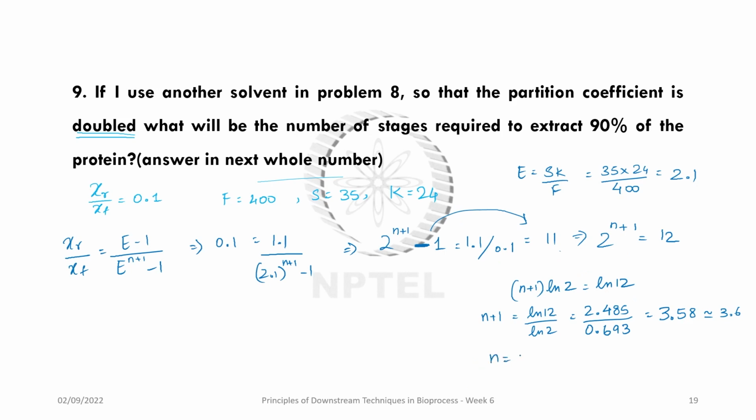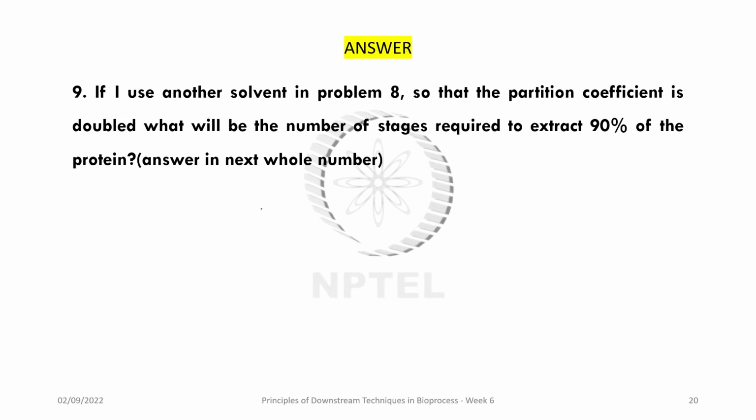So n is equal to 2.6. We are going to approximate to the next whole number. Thus, n is equal to 3 stages. Right? The answer is 3.